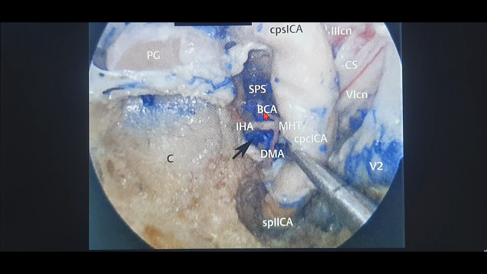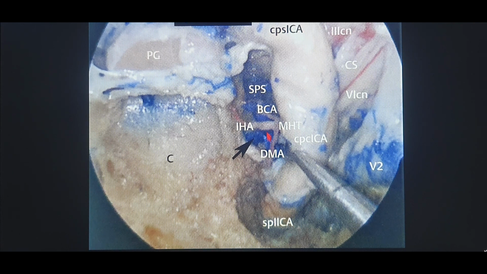It's a difficult name to understand, but you can also call it the tentorial artery, because it supplies the tentorium as well. The second one is the IHA, which you can call the inferior hypophyseal artery, and the third one is the DMA, which you can call the dorsal meningeal artery. This dorsal meningeal artery is also called the dorsal clival artery.